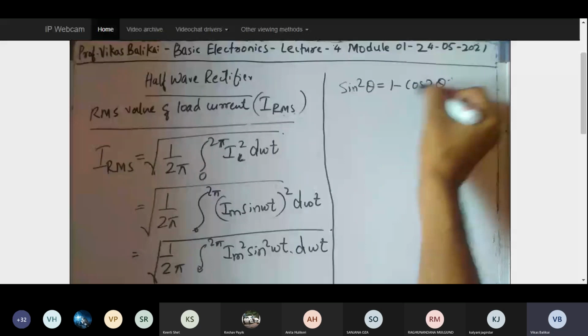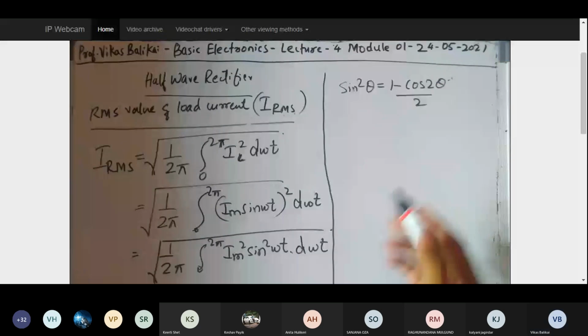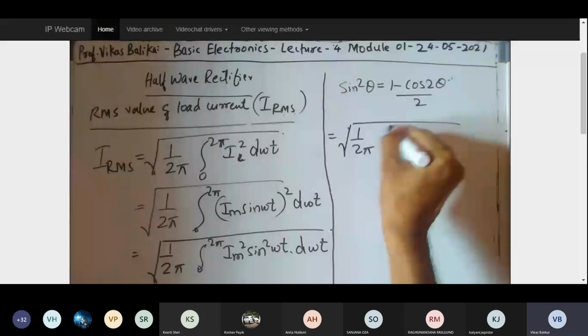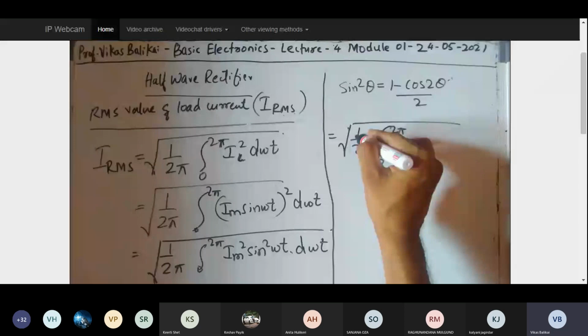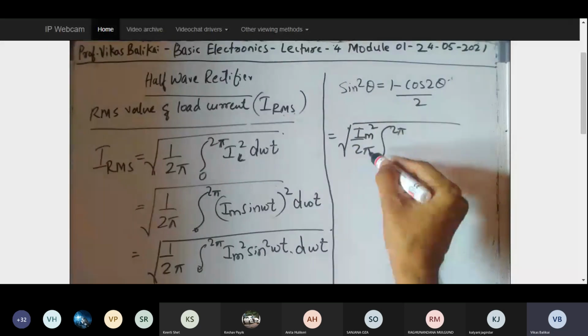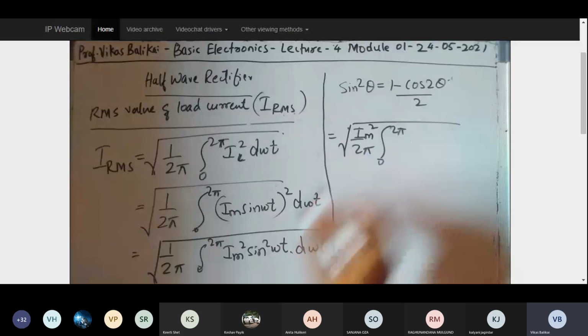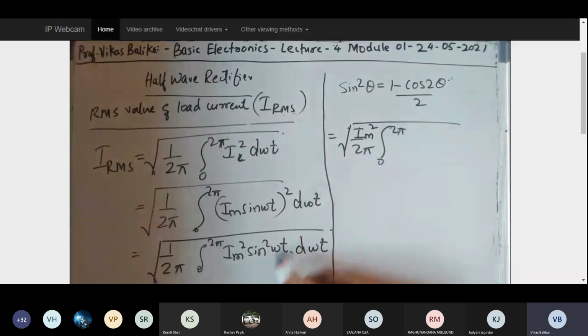So that gives under root of 1 upon 2 pi, integral 0 to 2 pi, and I'll keep this Im square outside because Im square is anyhow constant, so that only mathematical terms are inside. So Im square is outside, whole divided by 2 pi. So sine square theta, I can replace with 1 minus cos 2 theta by 2.